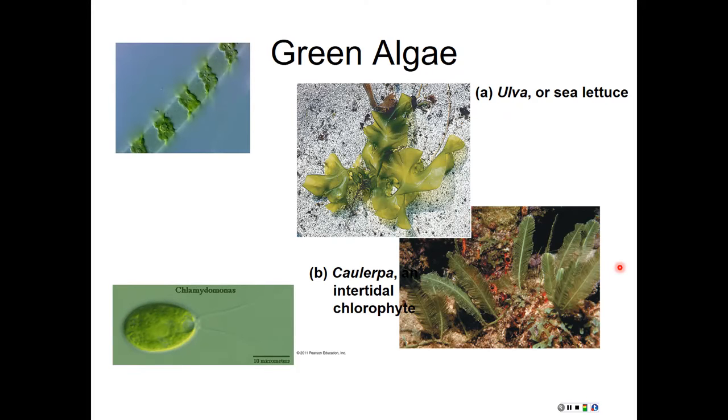So let's take a look at these. We have a couple of situations here. So we have our Cladomonas. In this case, this would be an example of a unicellular organism. But this organism is capable of being colonial as well.